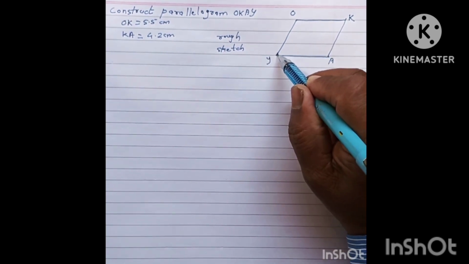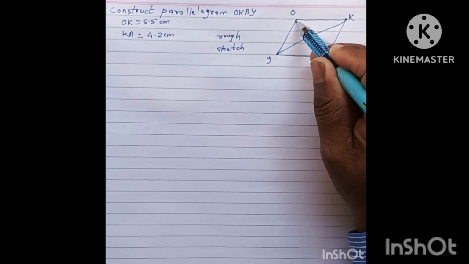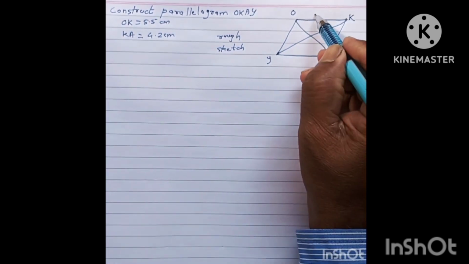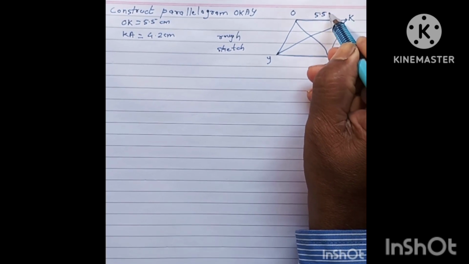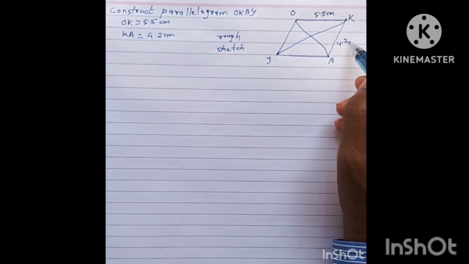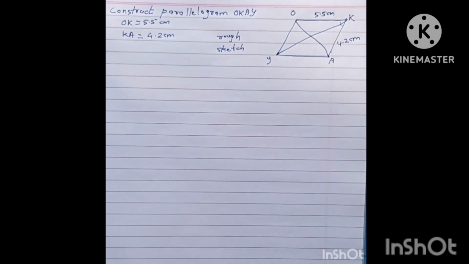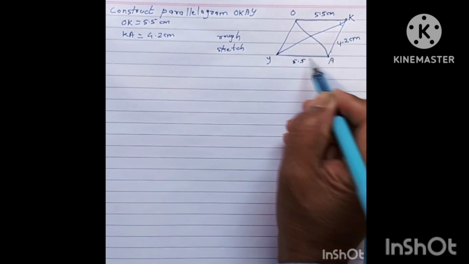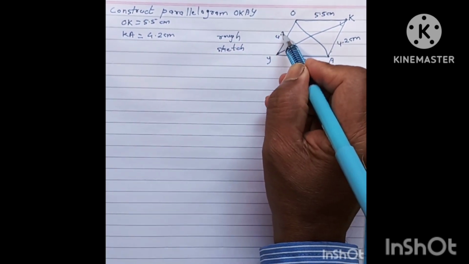Now, diagonals may be of use in drawing a parallelogram. This is 5.5 and this is 4.2. By the properties of a parallelogram, the opposite sides are equal or congruent. This is 5.5 and that is 4.2.